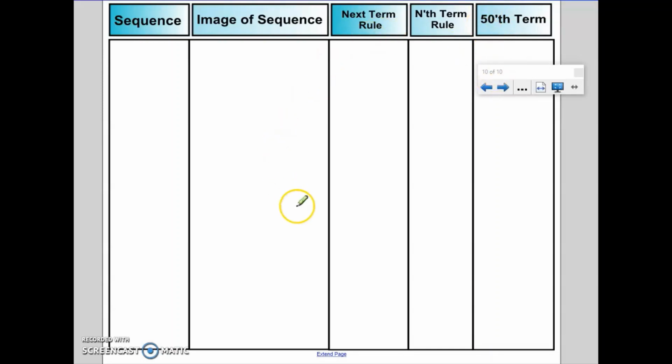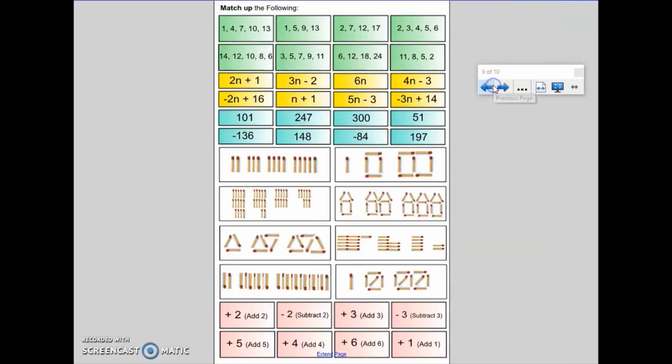So once you have drawn out this table with the 5 columns and written in your 5 headings, I would like you to go back to this set of information, and I would like you to unjumble all of this information. So each sequence should match up to an nth term formula, to a 50th term, to an image of matchsticks, and also to a next term rule.